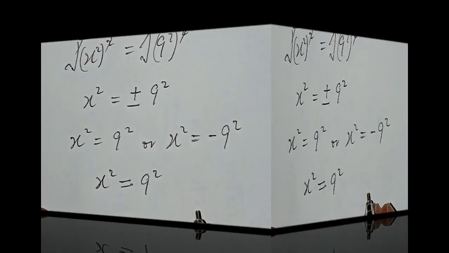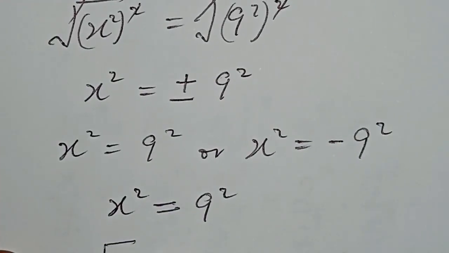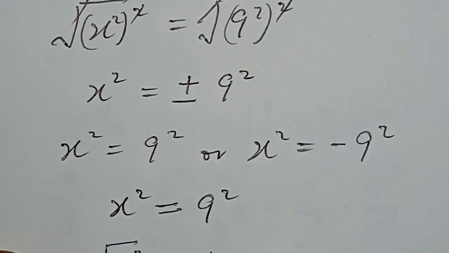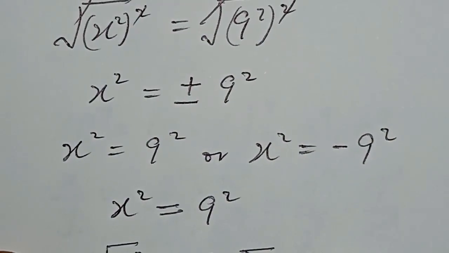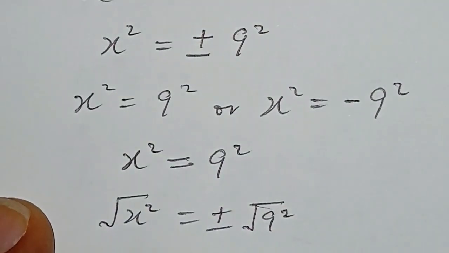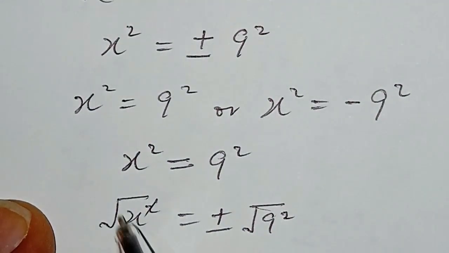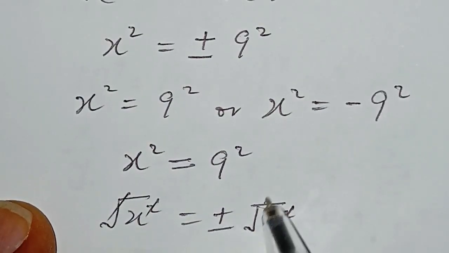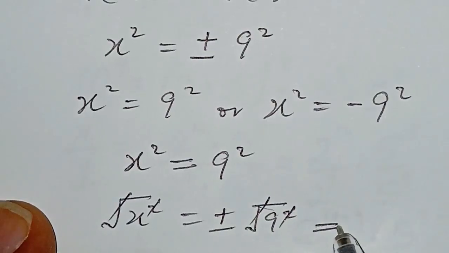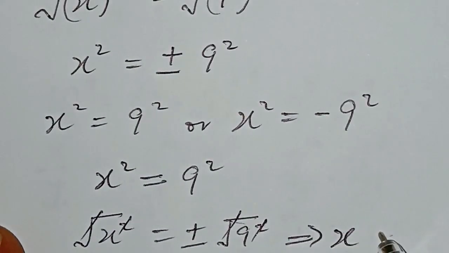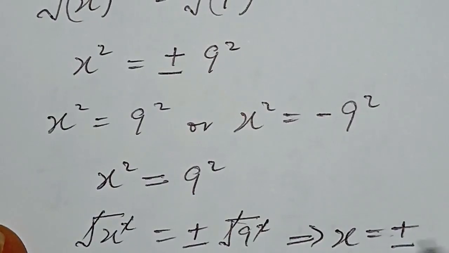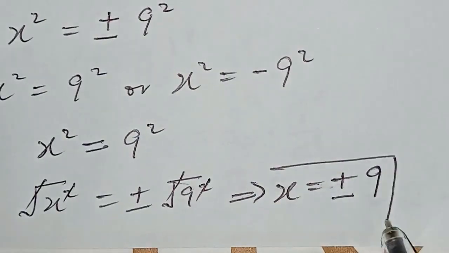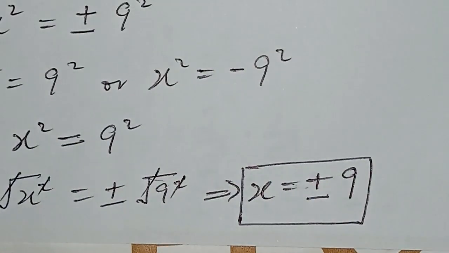So we take the square root of x squared, equal to plus or minus the square root of 9 squared. The square root cancels out with the square, and the square cancels out with the square root, and this gives us x equal to plus or minus 9, and this will be our value of x.